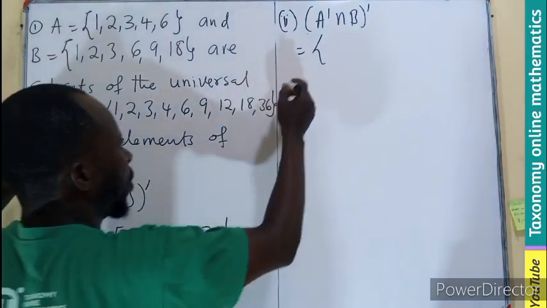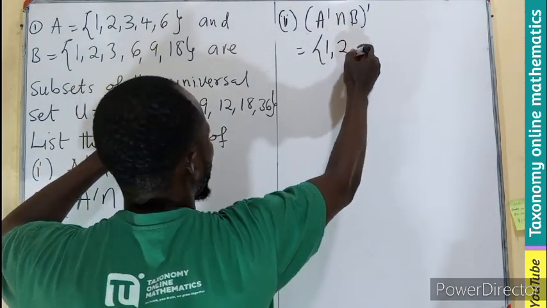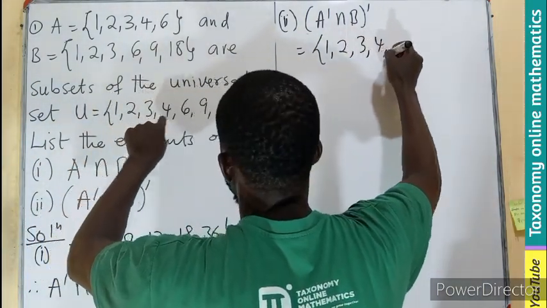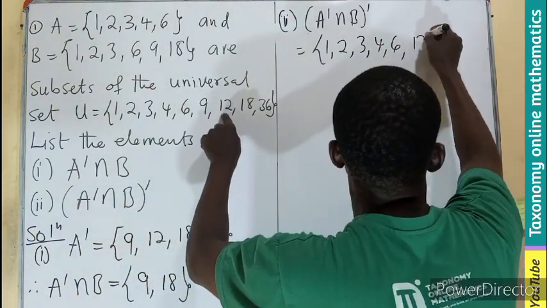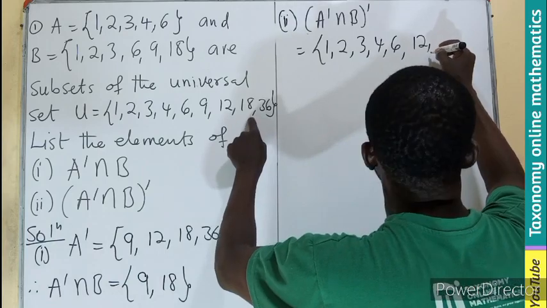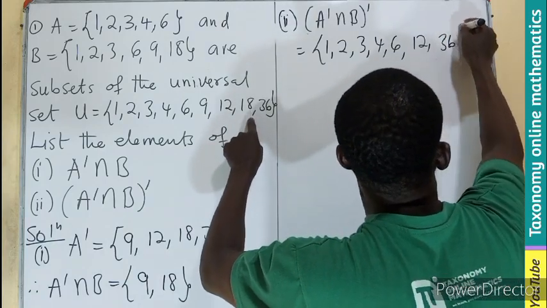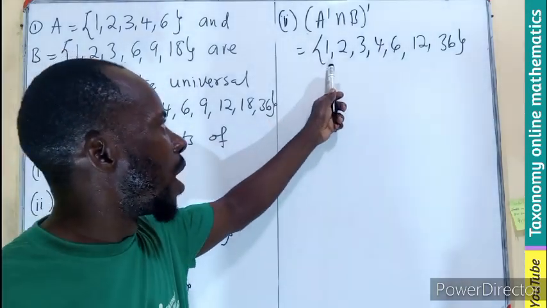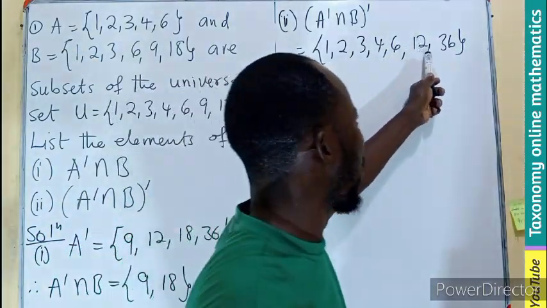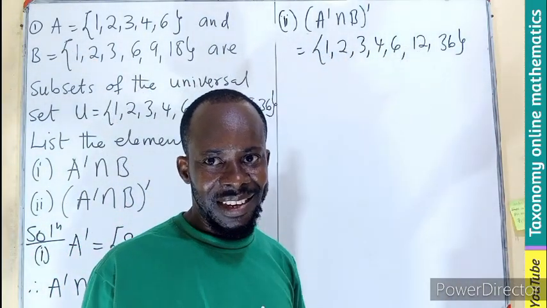So I'll have 1, 2, 3, 4, 6, 9 is here, so I'll go to 12, 18, then 36. So the elements we are looking for are 1, 2, 3, 4, 6, 12, and 36. I guess you follow.